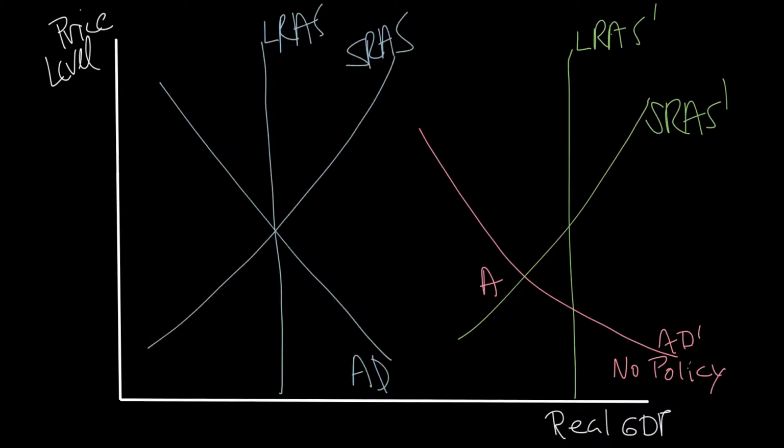And so again, now we can just look at this part and just think about the static model. What we would like to do is just to figure out a way to shift aggregate demand. So if you notice, I've written no policy under AD prime this time.